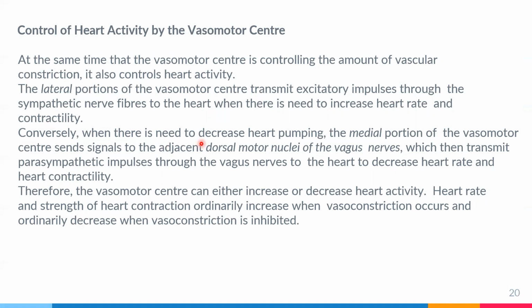Conversely, when there is a need to decrease heart pumping, the medial portion of the vasomotor center sends signals to the adjacent dorsal motor nuclei of the vagus nerves, which then transmit parasympathetic impulses through the vagus nerve to the heart to decrease heart rate and heart contractility.